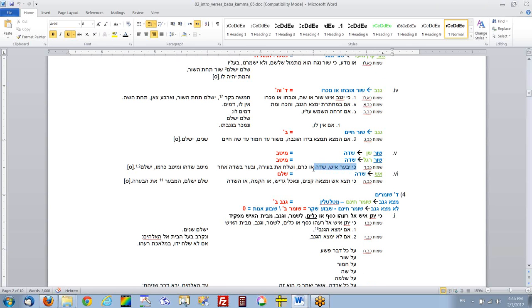It says, Ki yavar ish sodeh okerim v'shilach es biro ubir b'stei acher. When a man destroys a field or a vineyard and he sends his animal and it eats from the field of another person, then the law is meitav sedeu meitav karmo yishalem. He has to pay the person he damaged with the best of his land and the best of his field.